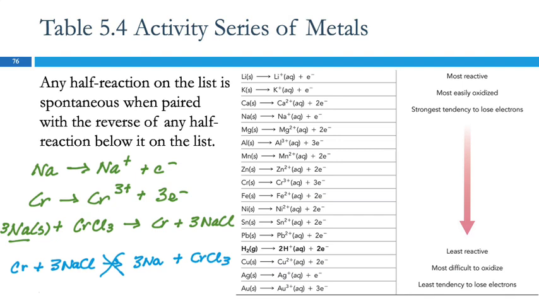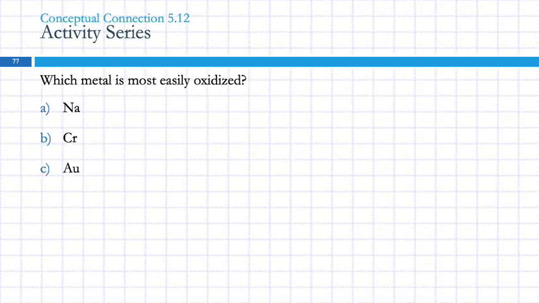These things are hard to keep track of, and so this is actually how I think about it. So then, here, sodium, chromium, and gold, which is more easily oxidized. So we think about the oxidation that's going from the neutral to the charge, right?